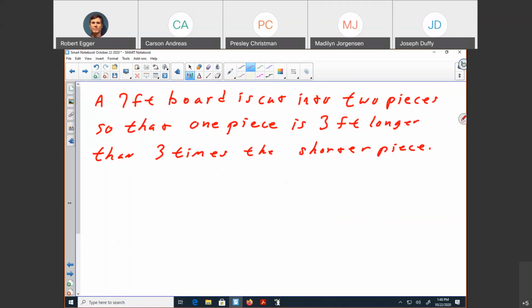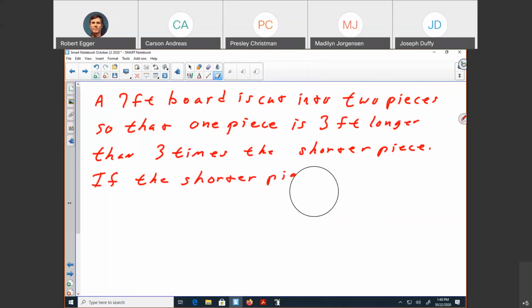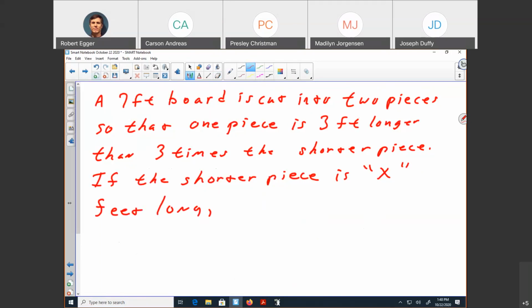If the shorter piece, this is nice, if the shorter piece is X feet long, find the length. Find X. Find the length of both pieces.